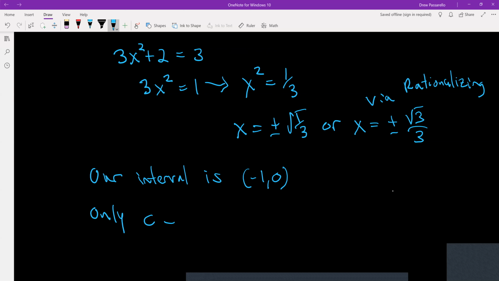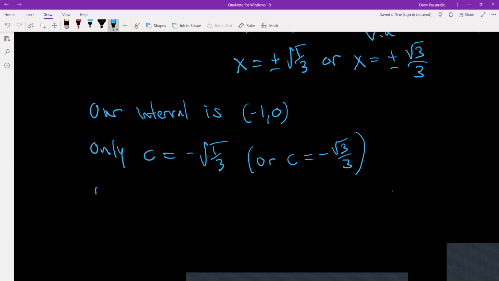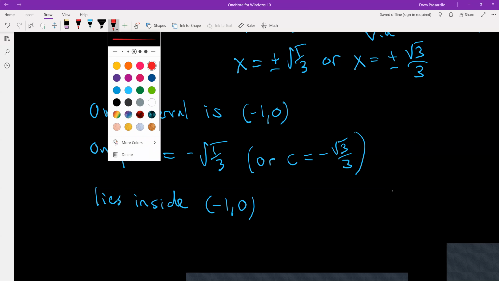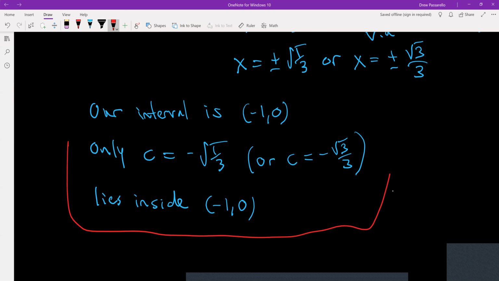So only C equals -√(1/3), or writing it as C equal to -√3/3, lies inside the interval. All right, so that's that example.